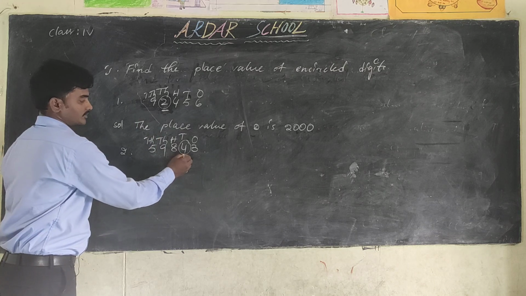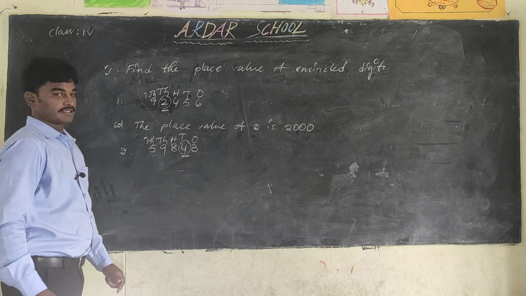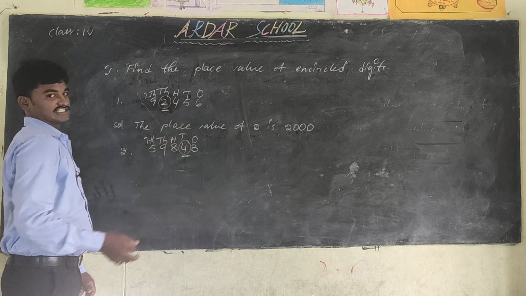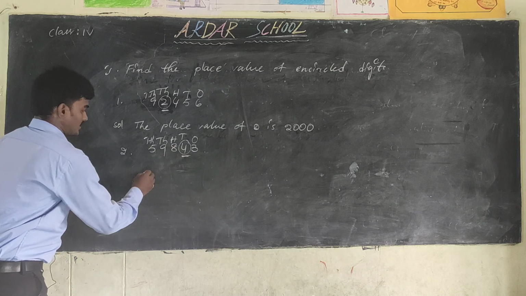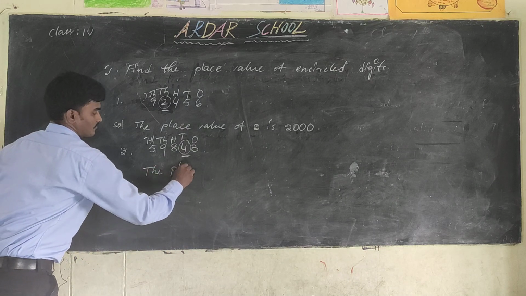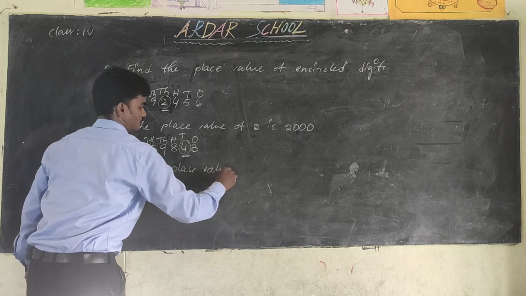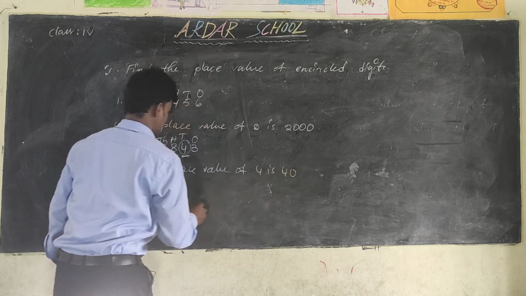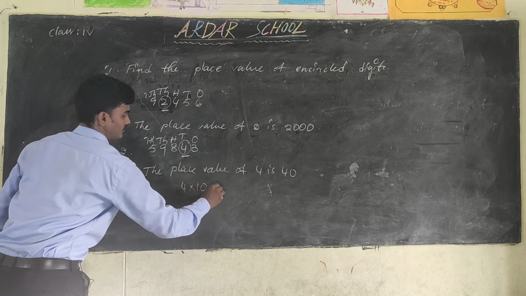We want to know the place value of 4. So let us see where the 4 is. 4 is at tens place. So the place value of 4 is 40, because 4 into 10 is 40.